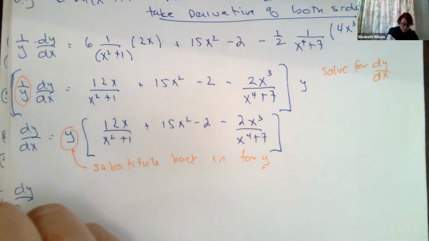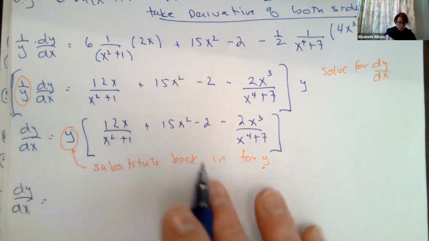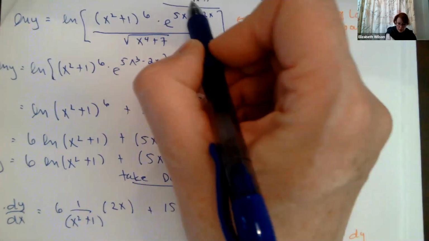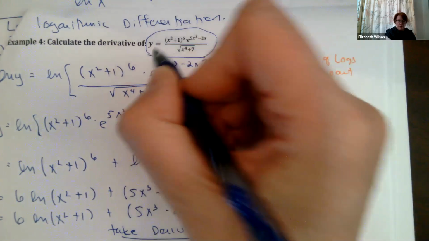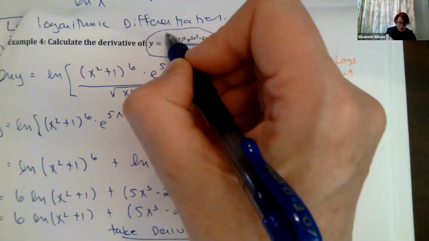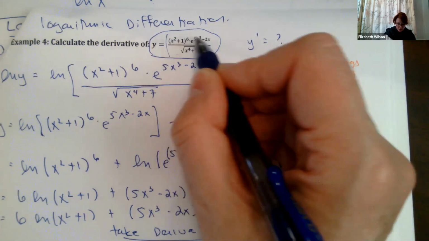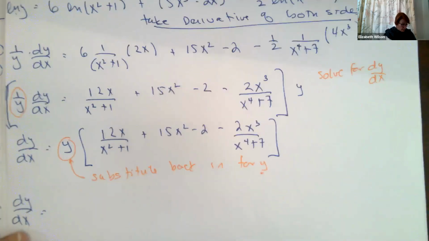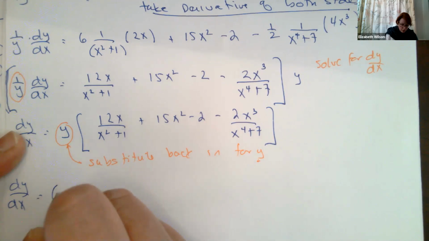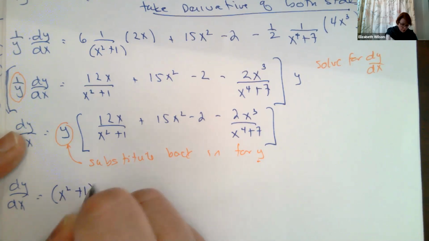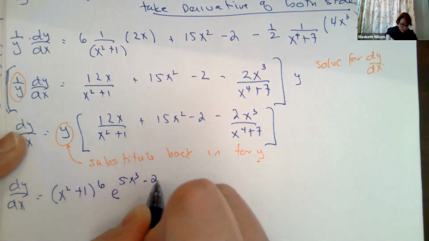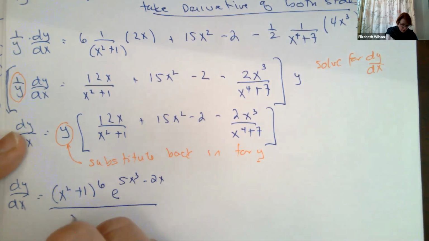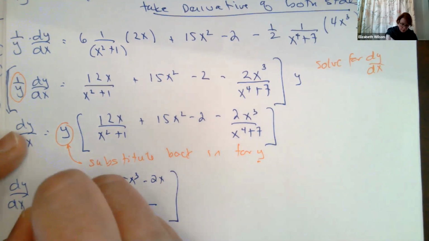dy/dx equals, my y is equal to this function right here. So I'm going to substitute this blob in for my y. So my y goes x squared plus 1 raised to the 6th power times e to the 5x cubed minus 2x, all over the radical of x to the 4th plus 7, and I'll put a bracket around it.